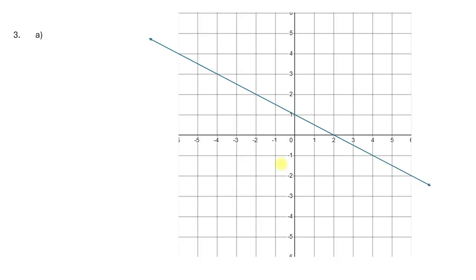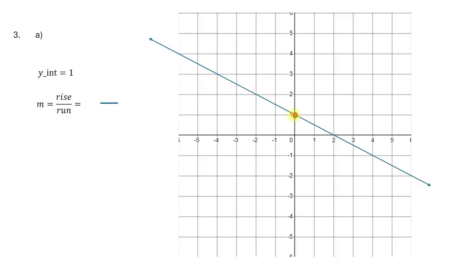In the next question, we're given the graph and asked to find out what the equation will be. Well, we can see that the graph crosses the y-axis at 1, so our y-intercept will be 1. And our slope is going to be rise over run.